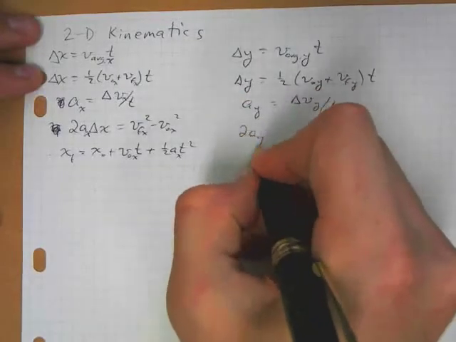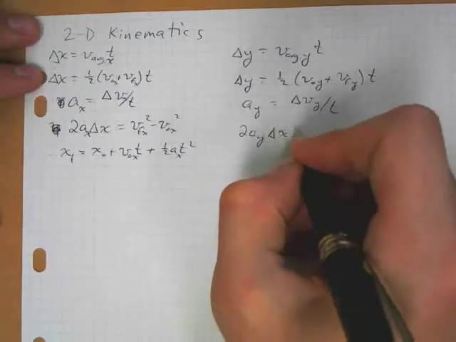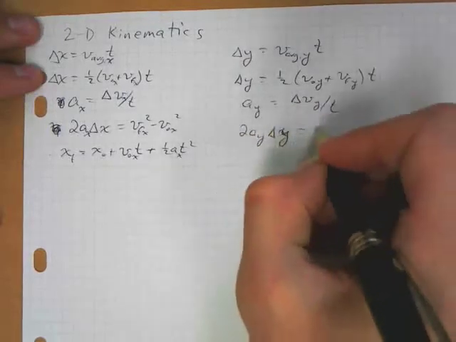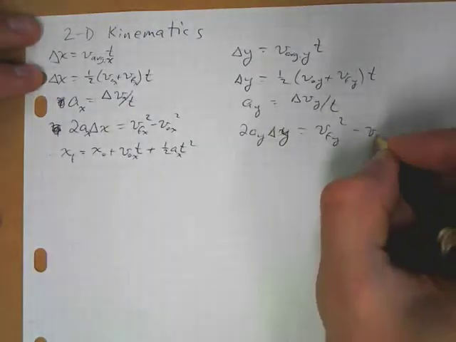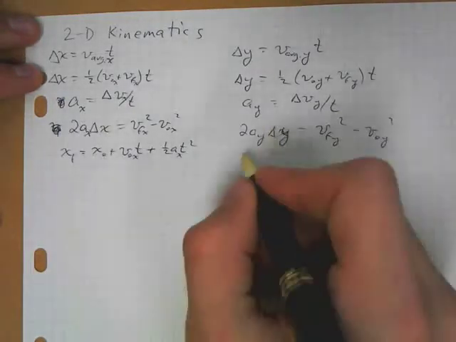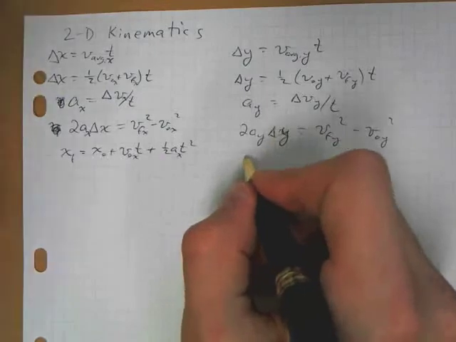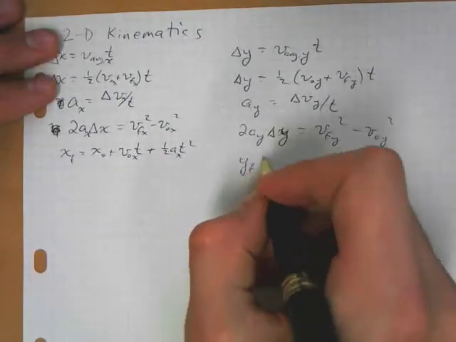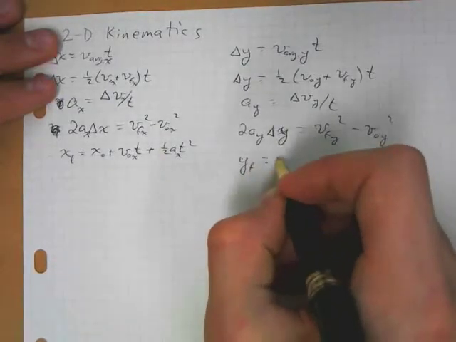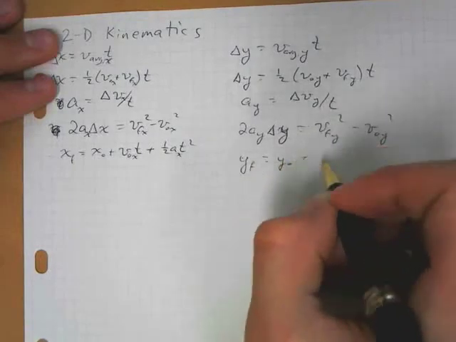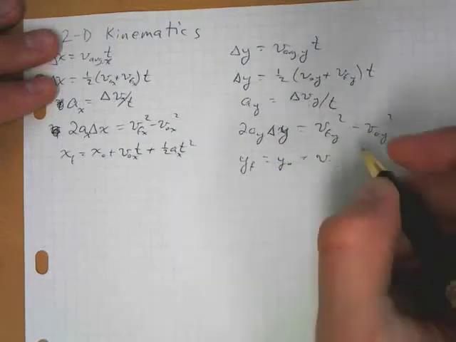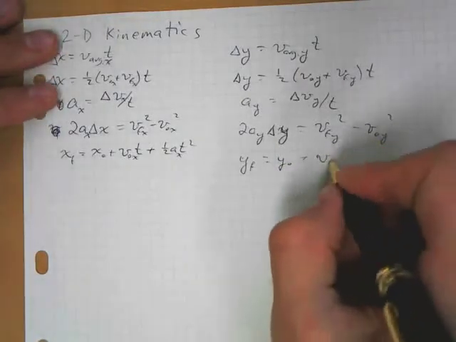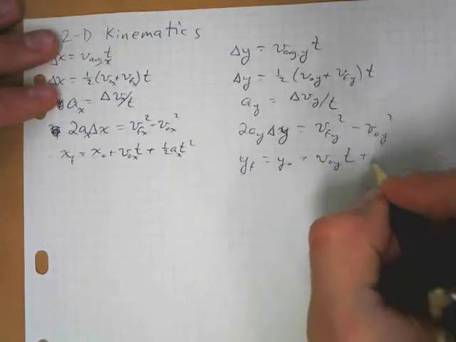So what is happening in the x direction has absolutely no bearing on what's happening in the y direction. When I say that, that means that an acceleration in the x direction doesn't affect the motion in the y direction at all. A velocity in the y direction doesn't affect the x motion at all.